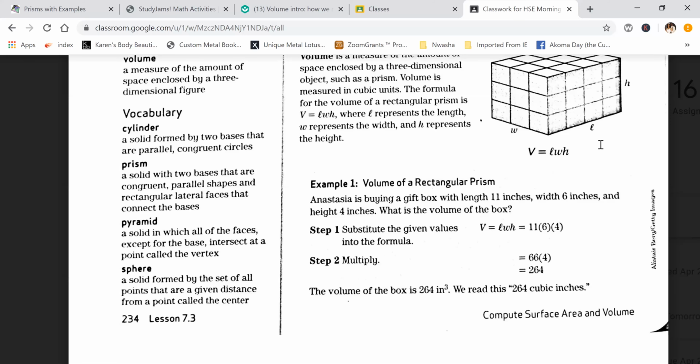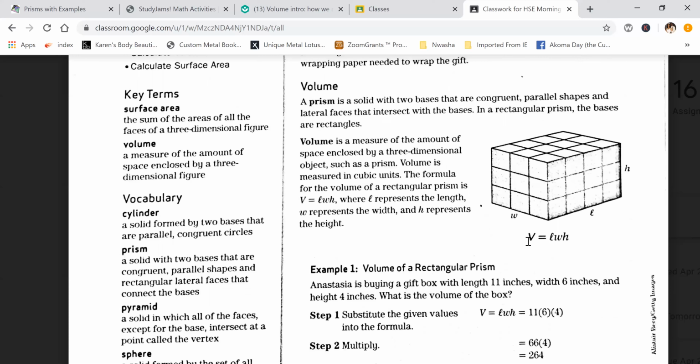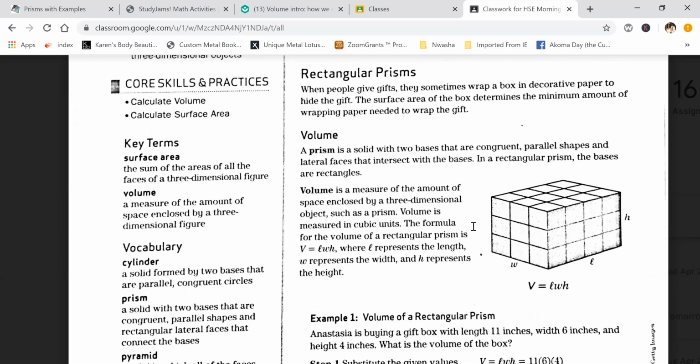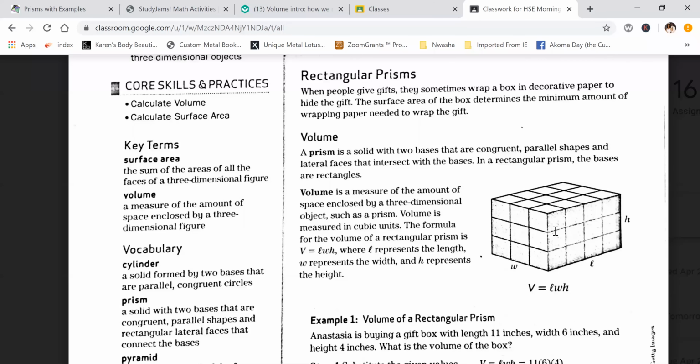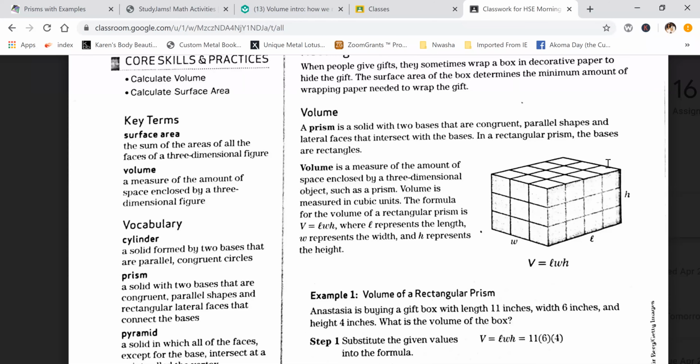So the new formulas that we're going to look at are volume, which I think we talked about already. They're showing you a rectangular prism, and they're just saying volume is length times width times height. So I think when we were talking about this yesterday, we were saying the best thing to do is memorize some of the two-dimensional shapes, because when you get to three-dimensional, it's really just about adding the height.